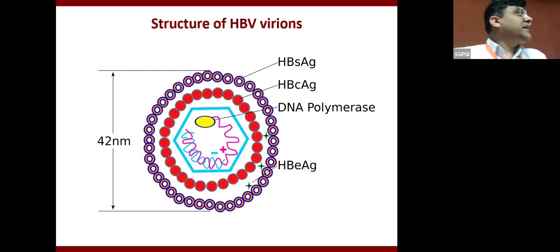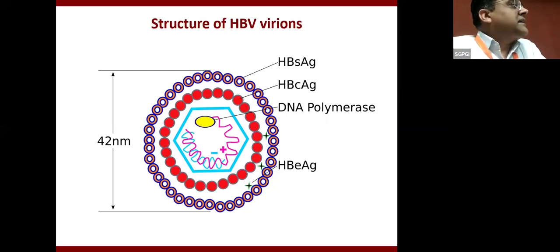As Dr. Abhay told, anti-HBc is of two types, IgM and IgG. Both of them appear almost together. But if IgG is present and IgM is present, that means the infection has occurred recently, an acute infection. If IgG is present but IgM is absent, that means it was a chronic infection, right?